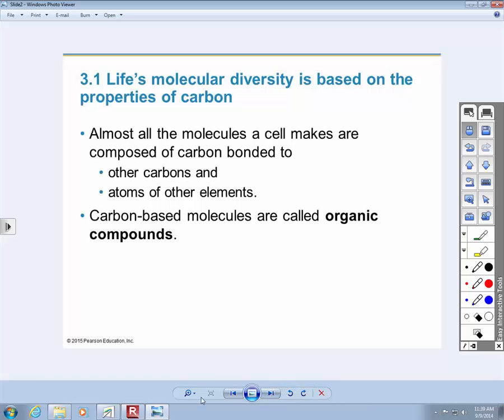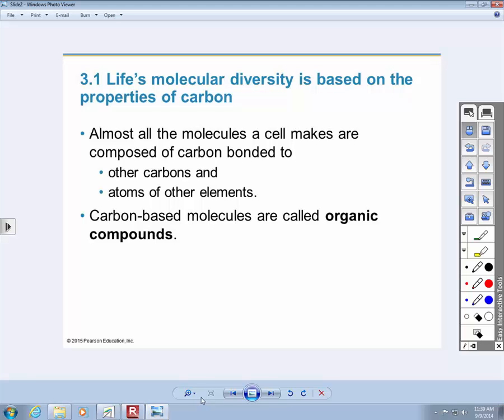Okay, so we're really getting into organic compounds, things that are carbon-based. Anything that is alive is built around the element carbon. So you have carbon bonded to carbon, bonded to carbon, and you also have these things called hydrocarbons. You have carbon bonded to hydrogen that bonds to another carbon that has some hydrogen on it, that bonds to another carbon that has some hydrogen on it, and that's kind of the building block for anything that's alive.